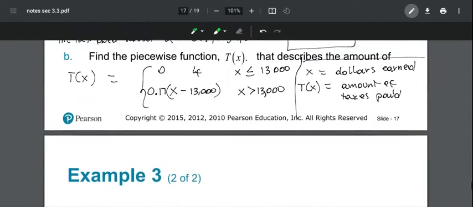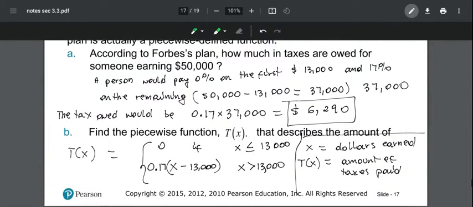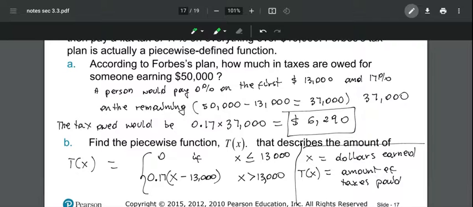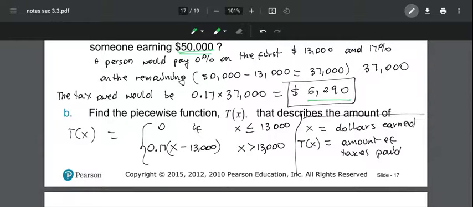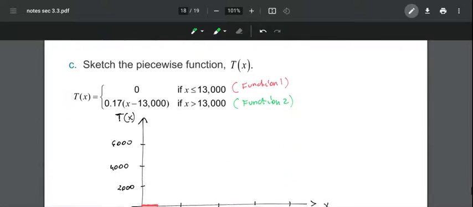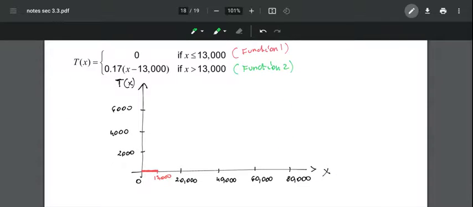So I'm going to use for the first point this information that the person who earns 50,000 pays 6,290 in taxes. So we have that point, 6,290. So for 50,000, the taxes which we paid are 6,290.